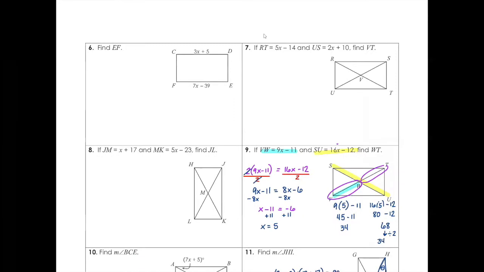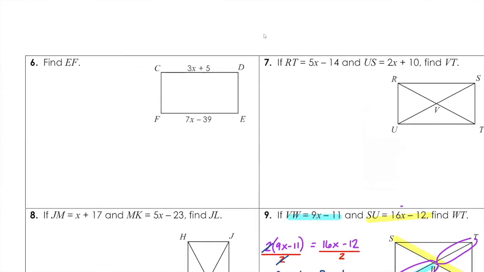Let's throw some algebra in there now, because we like algebra. Find the measure of EF. These are all rectangles. Remember, rectangles have the properties of a parallelogram, so opposite sides are congruent.